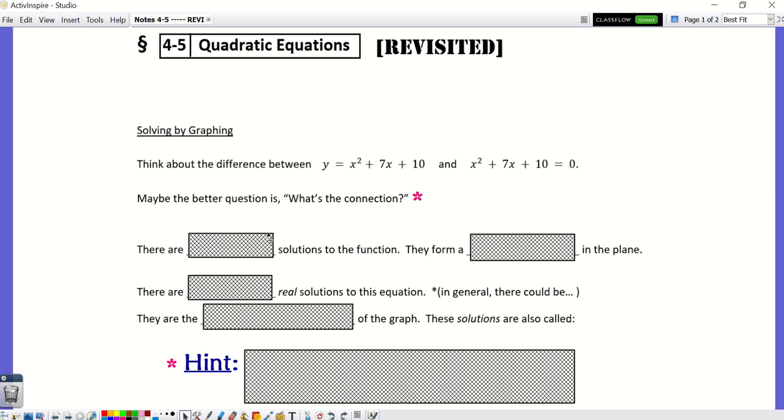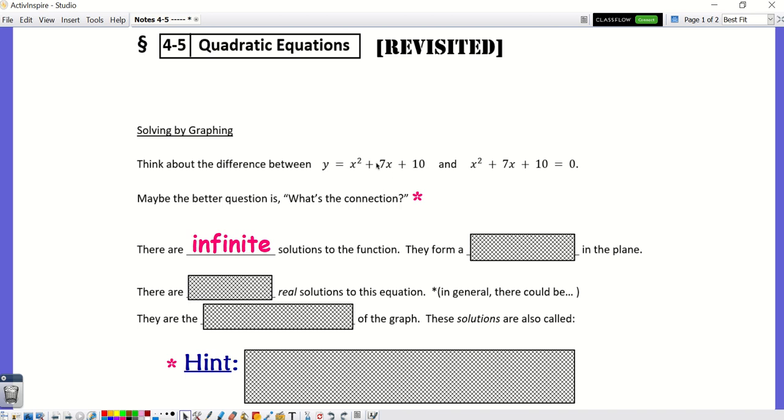What's the connection? Well, this equation, since it has not only an x variable but a y variable, I'm going to refer to as the function, because this equation can be said to represent a function. I'm just going to call this the equation. There are infinite solutions to this function.